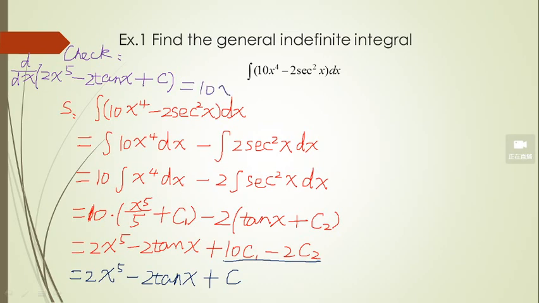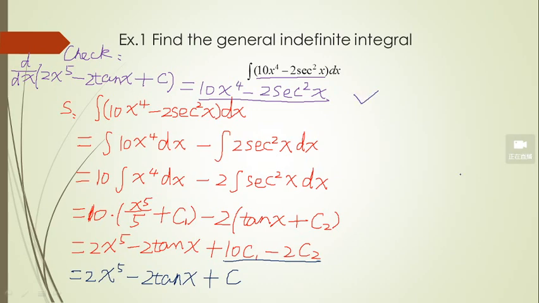We get 10 x to the 4 minus 2 tangent x derivative will be secant squared, and the derivative of a constant goes to 0. That is exactly the integrand, right? We take the derivative of our final answer, then it's right.